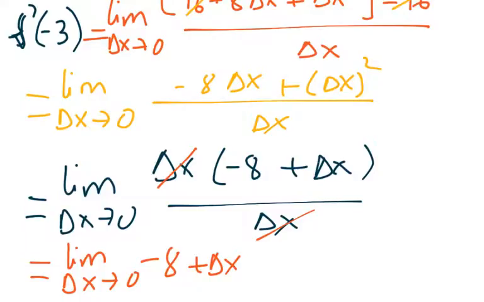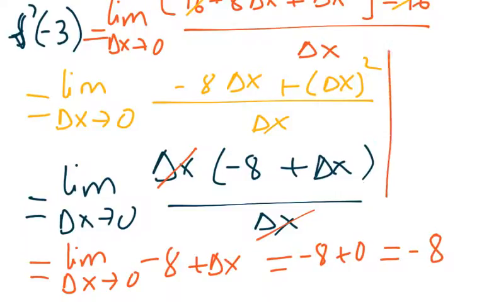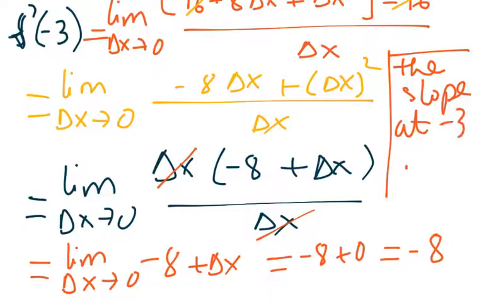If we plug in the 0, that will be negative 8 plus 0, which is negative 8. So what we can conclude from this problem is that the slope at negative 3 is negative 8. And that is what we mean by finding the derivative at an actual point, because now it tells you that at negative 3, the function is decreasing and the slope is negative 8.